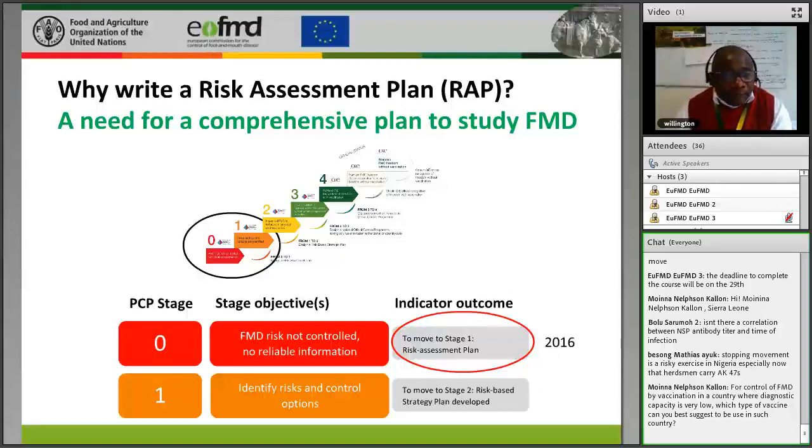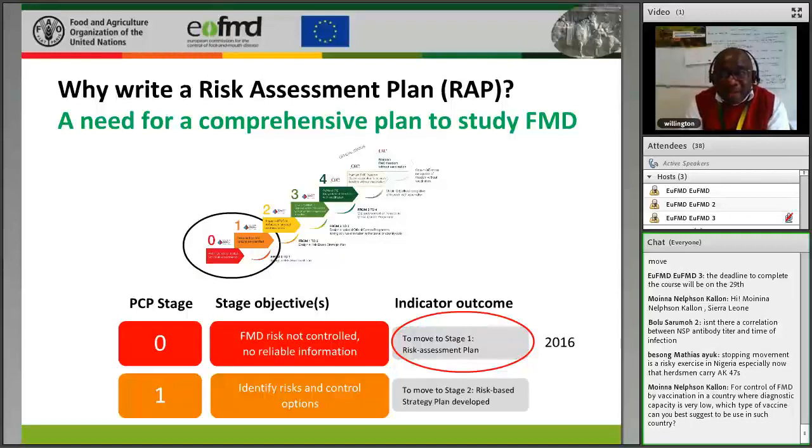I move to the next step. So why do we write a risk assessment plan? A risk assessment plan is a comprehensive plan to study foot and mouth disease, and it is the most important requirement for countries that want to move from stage 0 to stage 1.